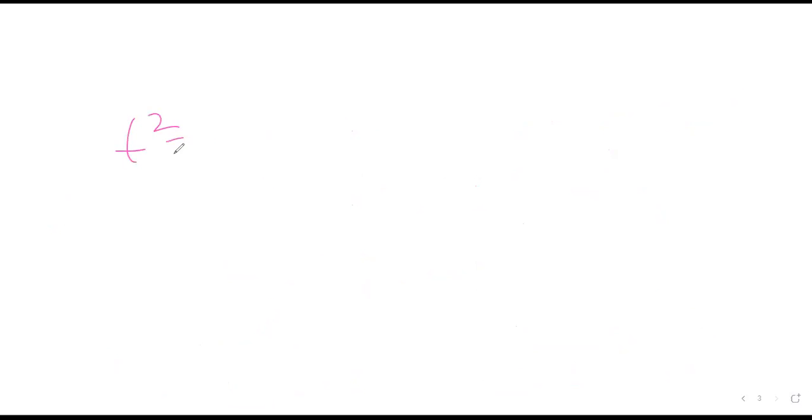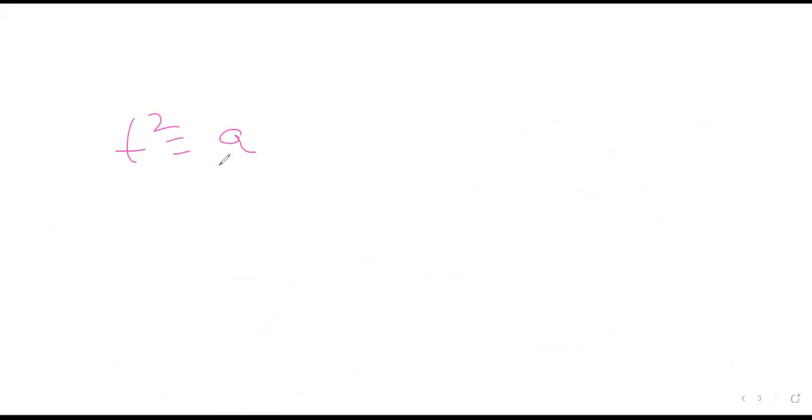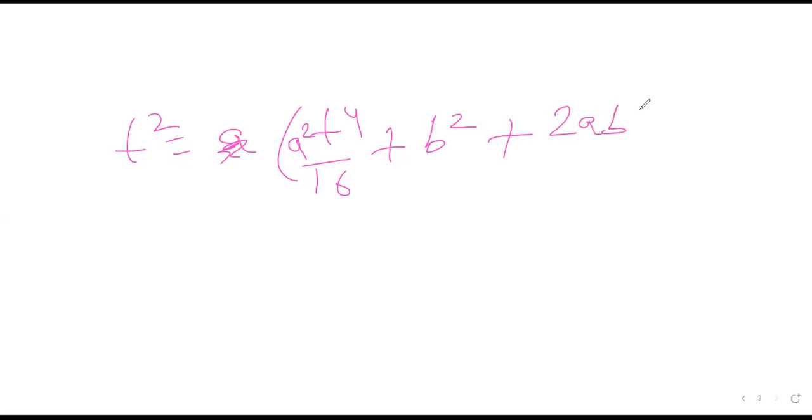Okay, t square is equal to... no, it will be a square t to the power 4 by 16, plus b square, plus 2ab t square by 4.